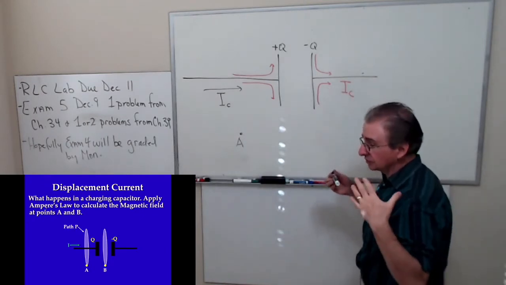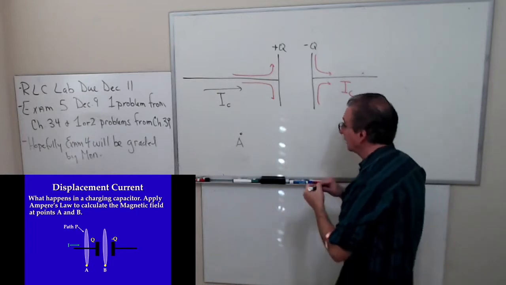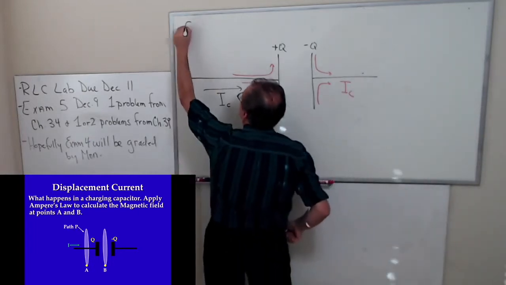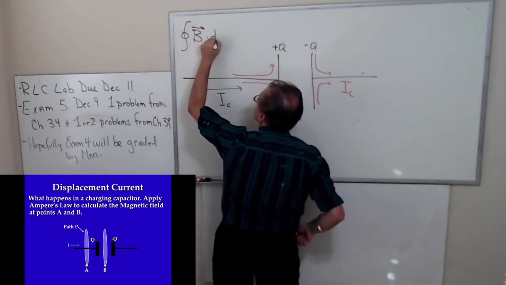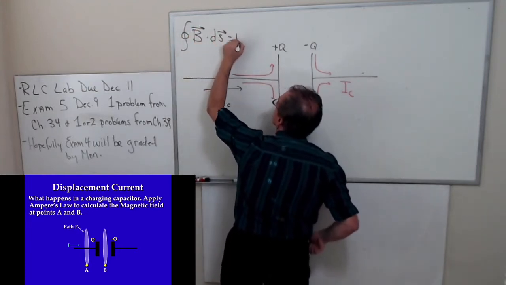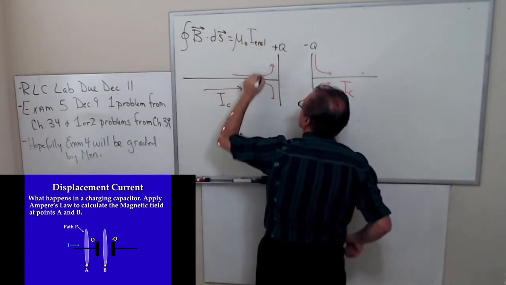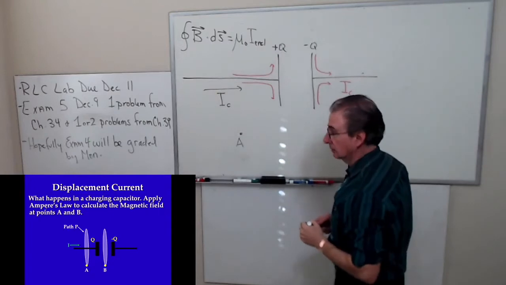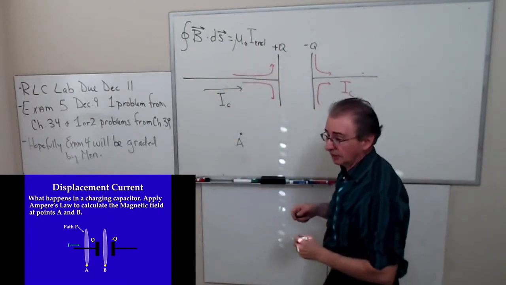I can just use Ampere's law. Okay? In the current form, we know that Ampere's law says that the integral of B dot ds is equal to mu naught times I enclosed. And that's the current that's enclosed in the loop over which I'm integrating the magnetic field.